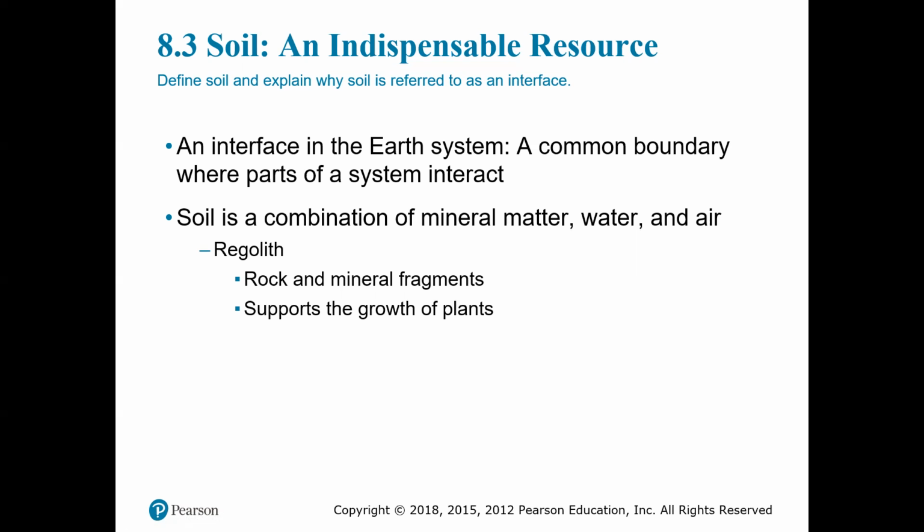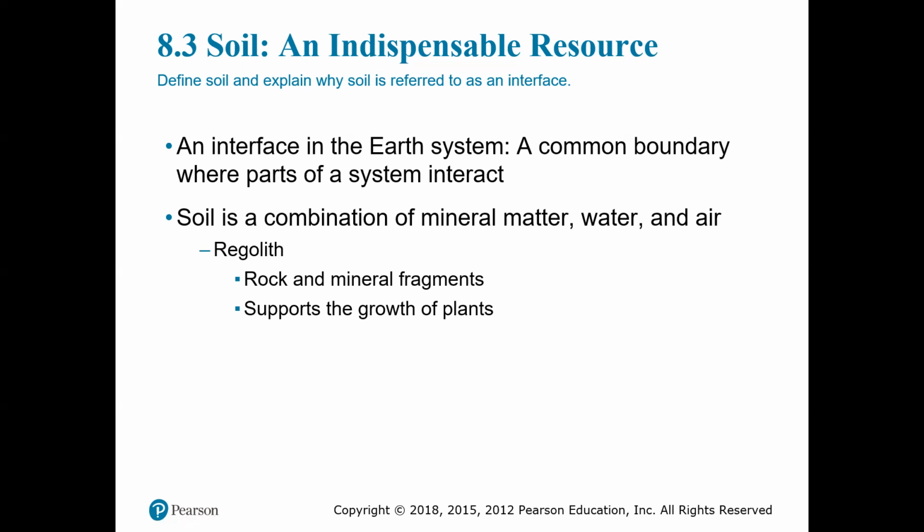So the land surface of Earth is covered by regolith. Regos means blanket, lith of course means rock or stone. So this regolith is the rock and mineral fragments that are formed as a result of weathering.